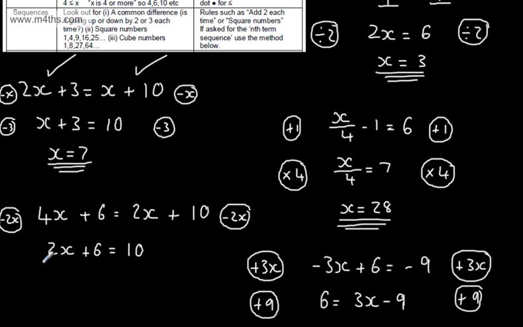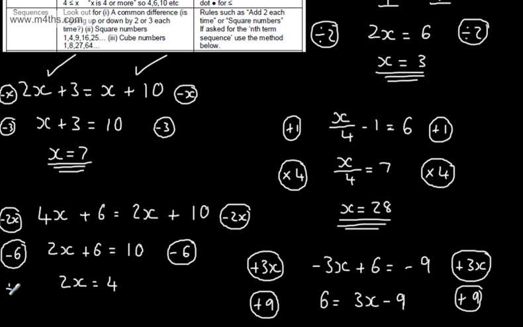They are different. At this stage, I want 2x by itself, so I'm going to do the opposite, or if you like, the inverse of adding 6, which is subtracting 6 from both sides of the equation. So that's going to just leave me on the left hand side 2x. If I subtract 6 from 10, that gives me 4.